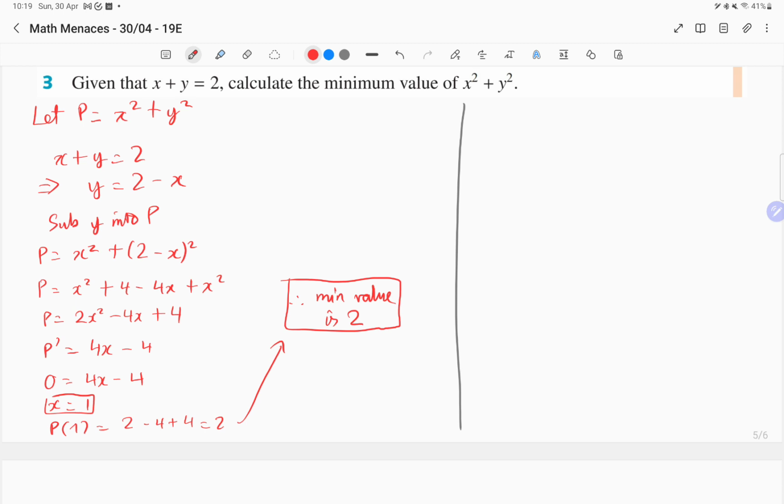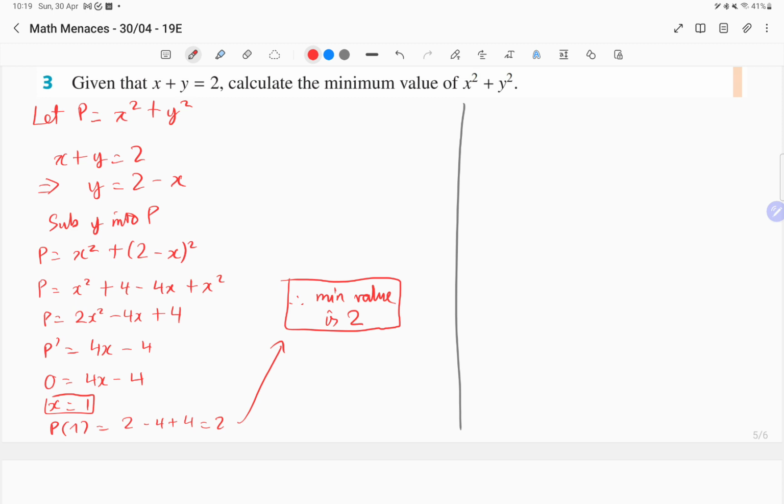Y instead of x. Same thing. You should get the same answer. But when I did it, I didn't get the same answer. You should get the same p answer. You need to substitute the y into the equation to find p. You're finding the minimum value, not just the y value. Can you look at it?